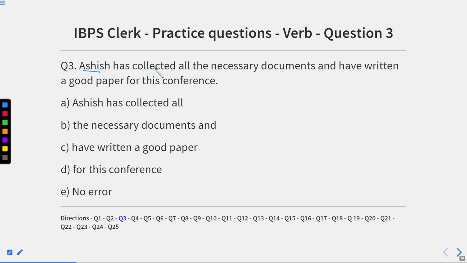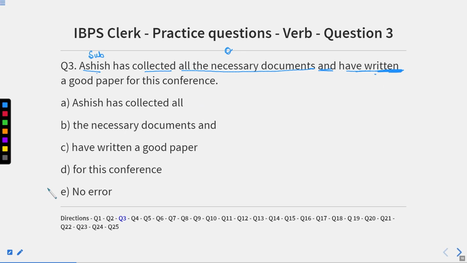Now some work has been done, that is collected, and who has collected it, this is Ashish. So Ashish is the subject. So this is the first subject of the sentence. Ashish has collected all the necessary documents. What he has collected, all the necessary documents. So these are the objects. And now one more thing he has done, have written. Now who have done this work, who have written this?